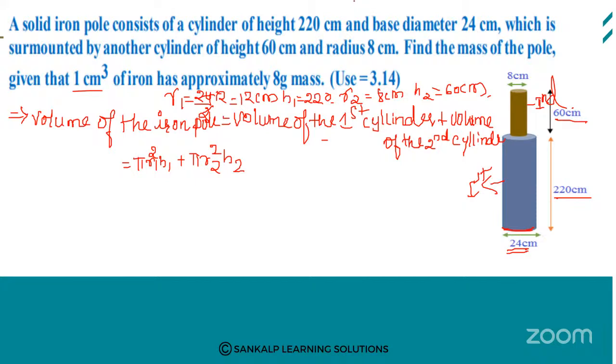Use pi value as 3.14 here. Now, 3.14 into R1 value 12 square into H1 value 220, plus 3.14 into R2 value 8 square into H2 which is 60 centimeter.